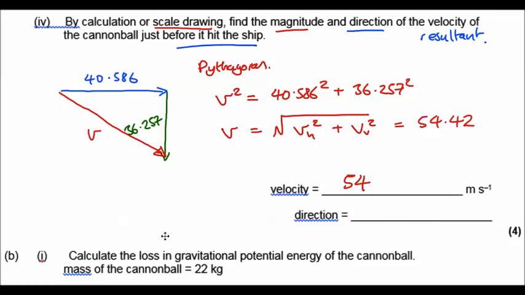For the direction of the velocity, we are going to need an angle to something.